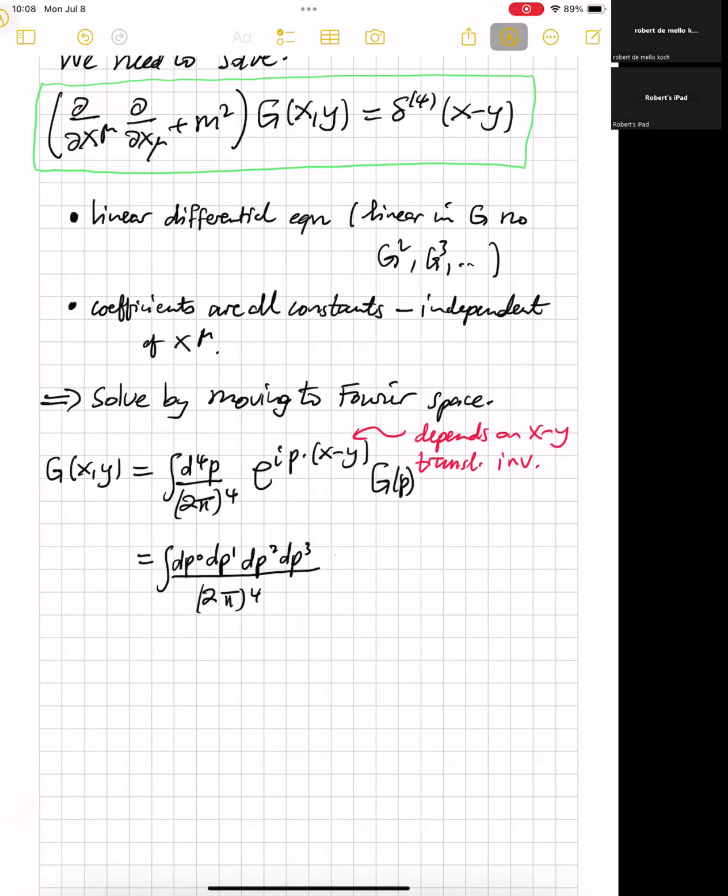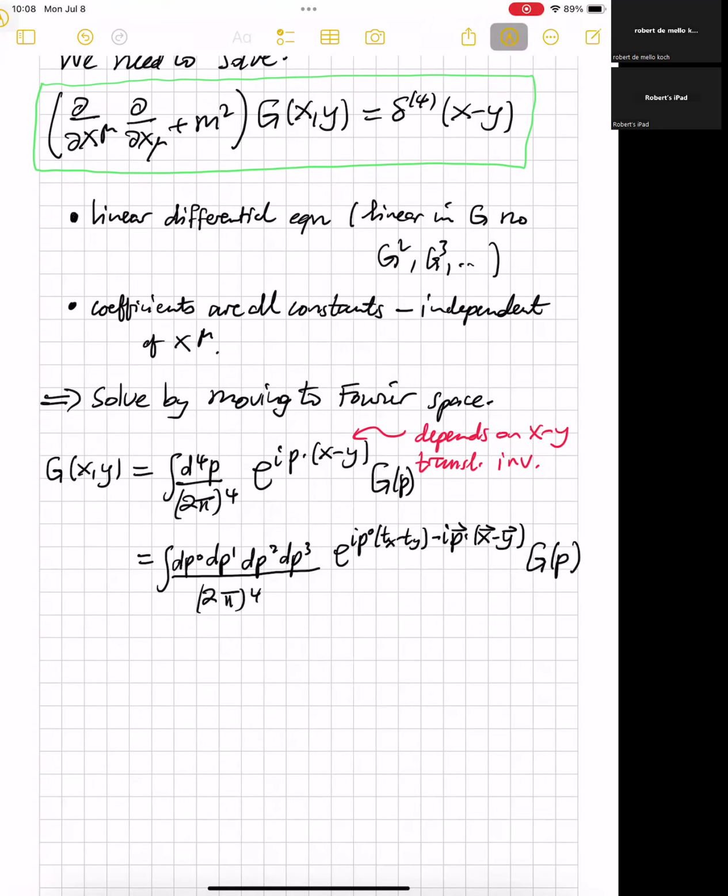And then we'll have an e to the i, p0 (tx minus ty), then minus i p dotted into x minus y. And then we've got our function g of p. Finding g of x comma y is equivalent to finding g of p. So that's what we want to determine. What is g of p? And there we have it, just written out very explicitly so that we'll be able to use this in a minute.